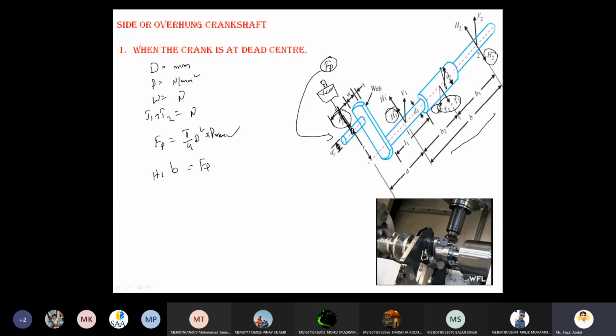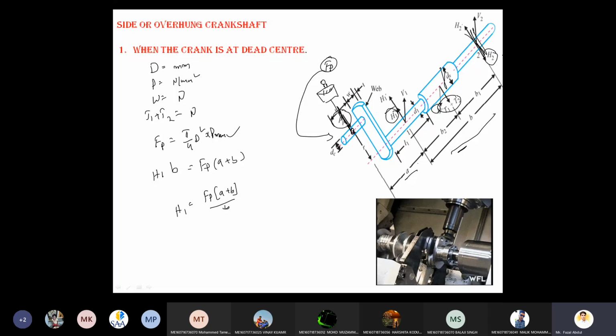So taking moment about this point H, H1 into B equals FP into A plus B. Okay, so now what is H1? H1 equals FP into A plus B by B. And now what is H2?